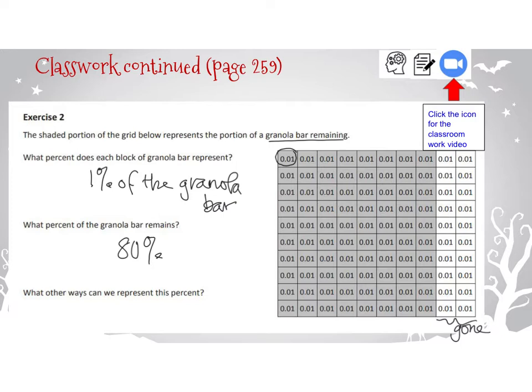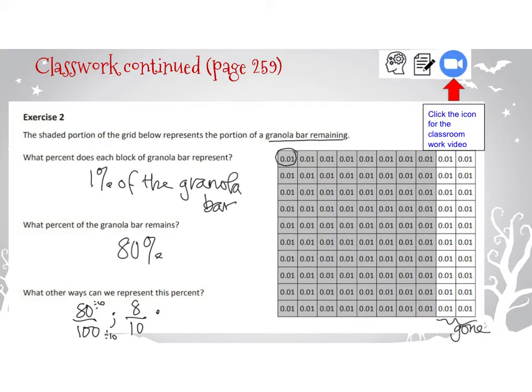Now, what other ways can we represent that percent? Well, I know 80%. This is the easiest one for me to write. 80% is 80 out of 100. But I could also write that as, if I divide both top and bottom by 10, 8 out of 10.